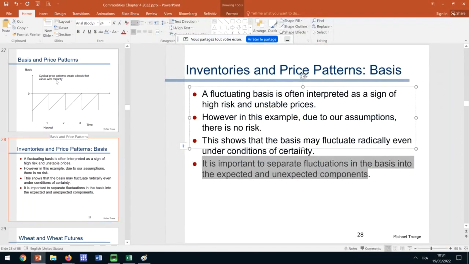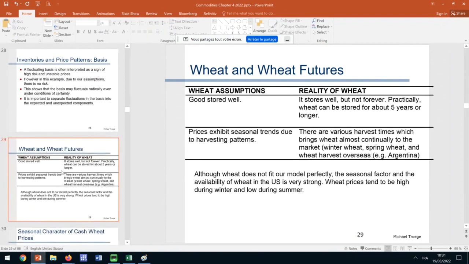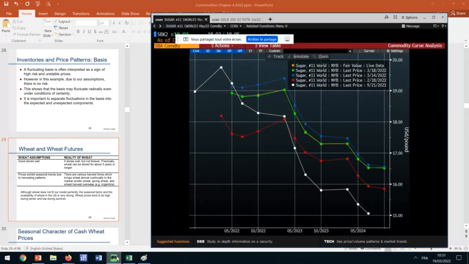And so this is the impact of this seasonality. If there is perfect storage, actually this should go away. But apparently in China, no, sorry, that's the world sugar.